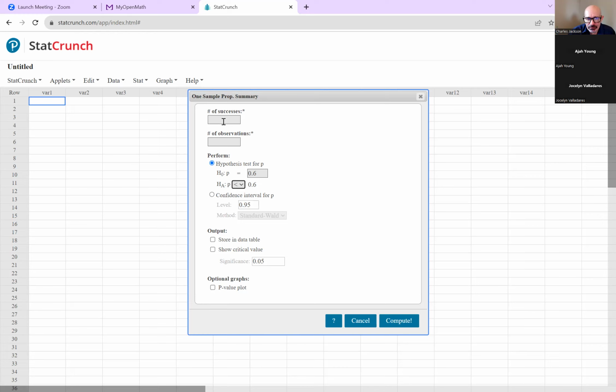Is n the number of successes? n is the number of observations and x is the number of successes.